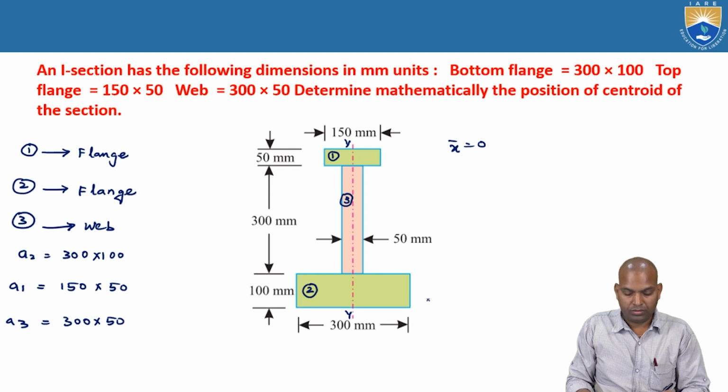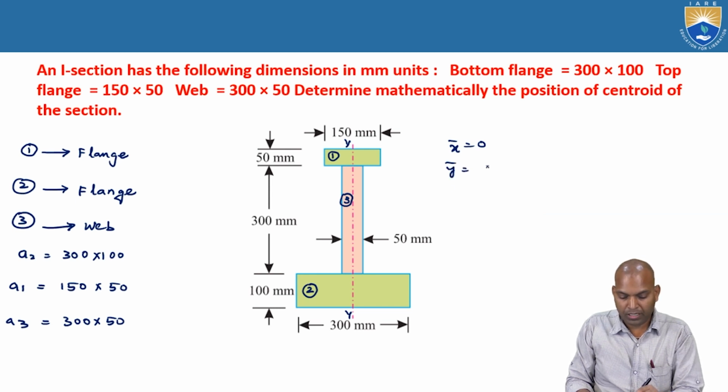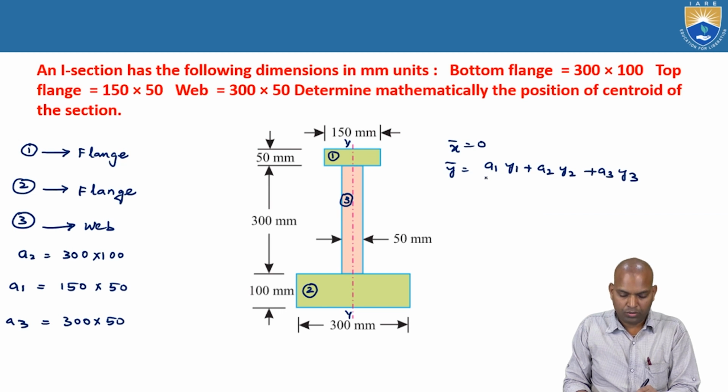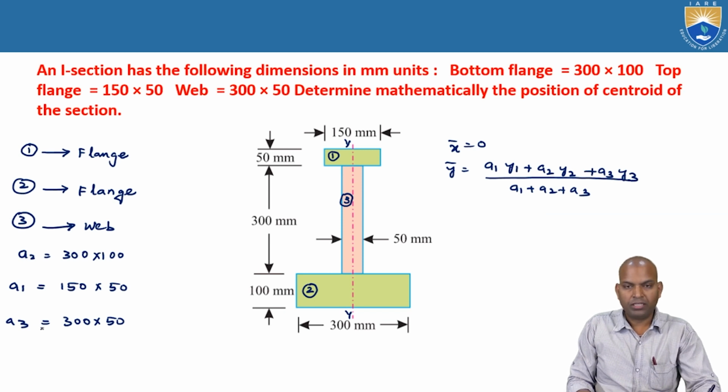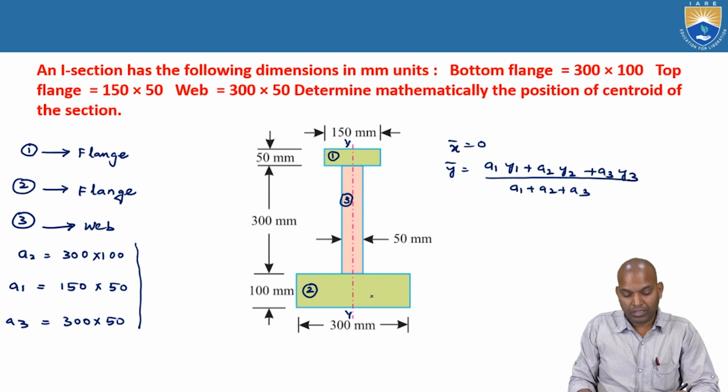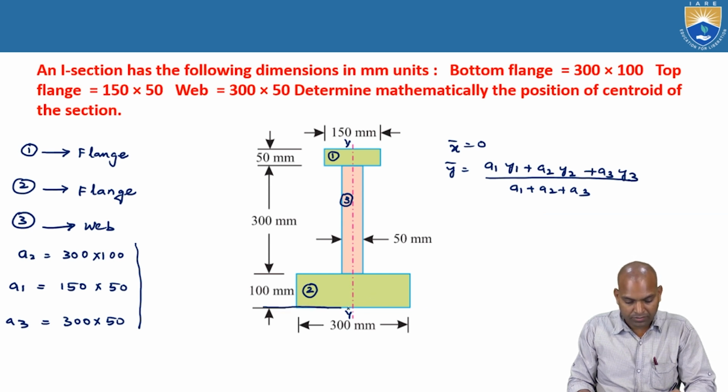What is to be found? Bar Y. Bar Y equals A1 Y1 plus A2 Y2 plus A3 Y3, over the sum A1 plus A2 plus A3. We know A1, A2, A3, and we need Y1. How to calculate Y1? Consider the reference axis XX as the horizontal bottom.